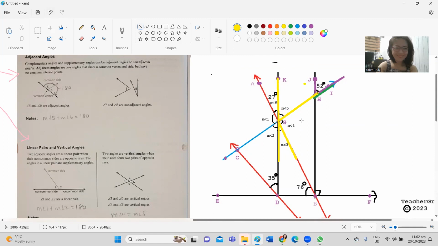Because they don't share two opposite rays. These two angles, this angle and this line segment and this line segment, are not opposite. They are perpendicular. So they are not vertical. I hope you get it. I hope you understand.